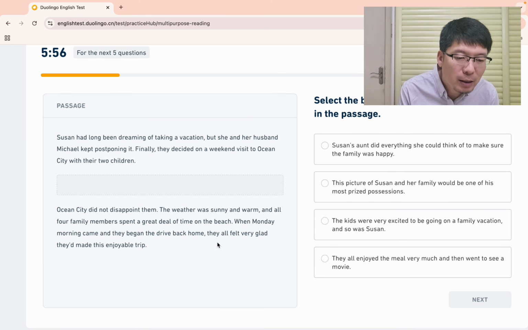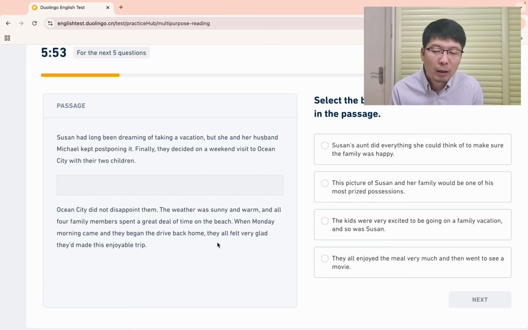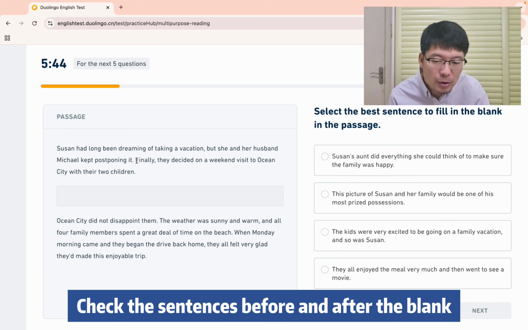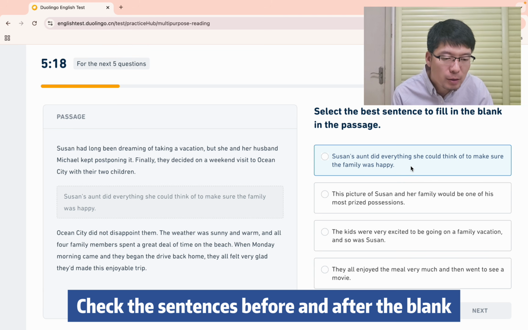So this one is select the best sentence to fill in the blank in the passage. This question is relatively difficult, and the most important thing is to check the last sentence of the first paragraph and the first sentence of the last paragraph. Finally they decided on a weekend visit to Ocean City with their 2 children. And Ocean City did not disappoint them. Susan's aunt did everything she could think of to make sure the family was happy.